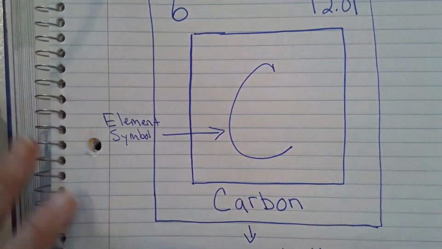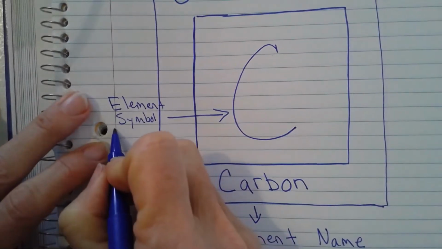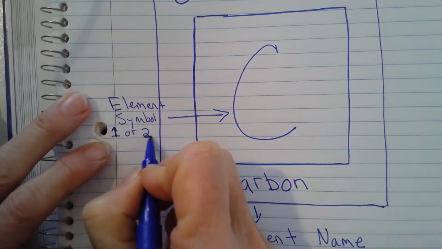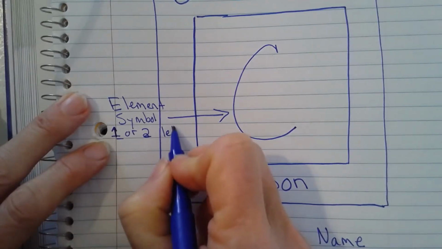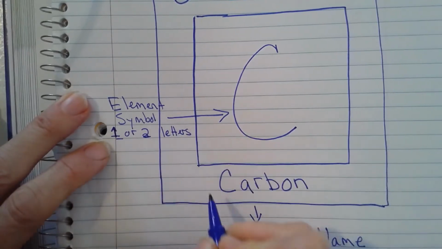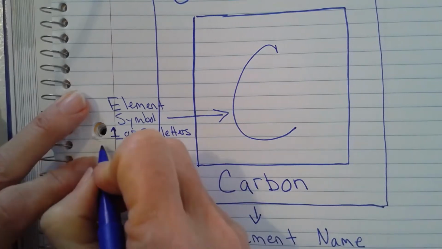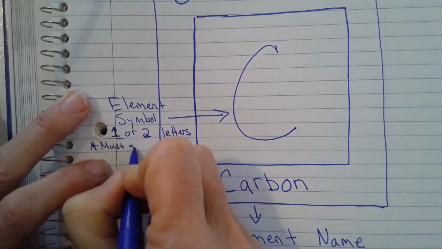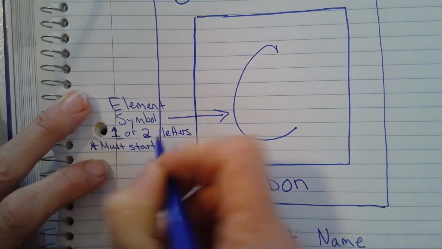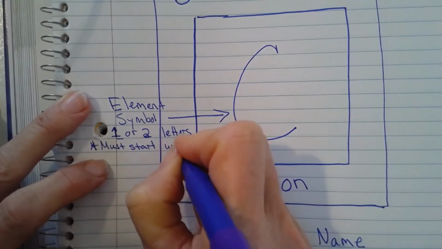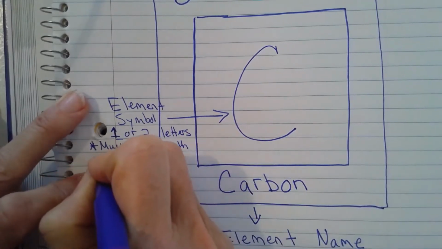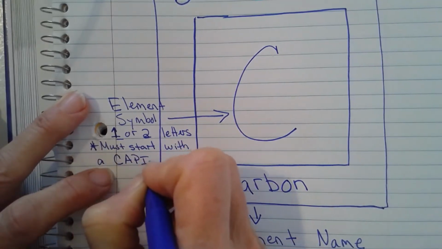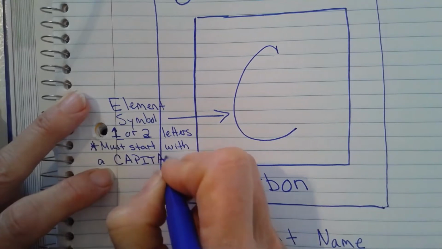The element symbol is 1 or 2 letters, and it must start with a capital letter.